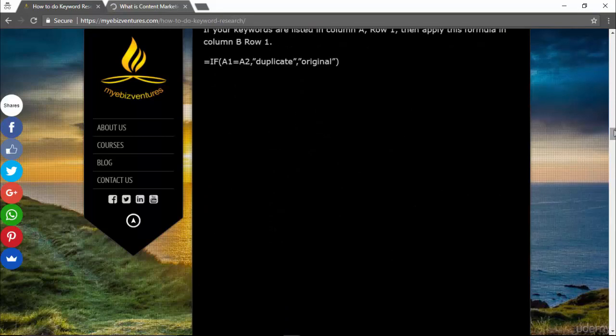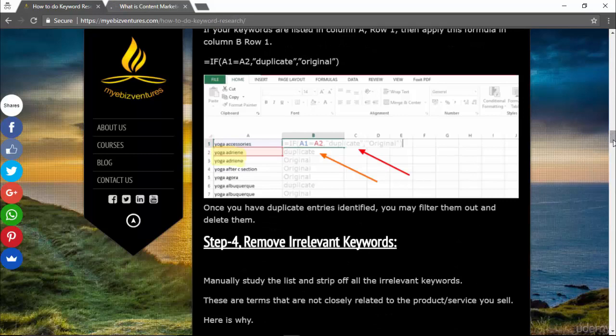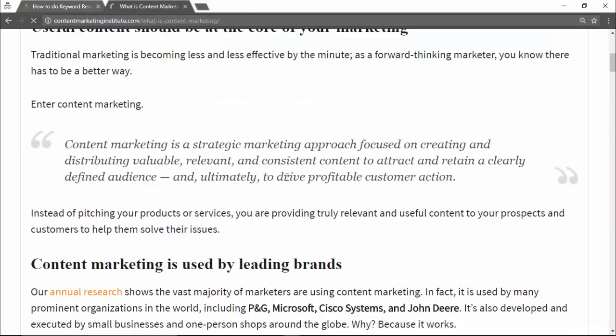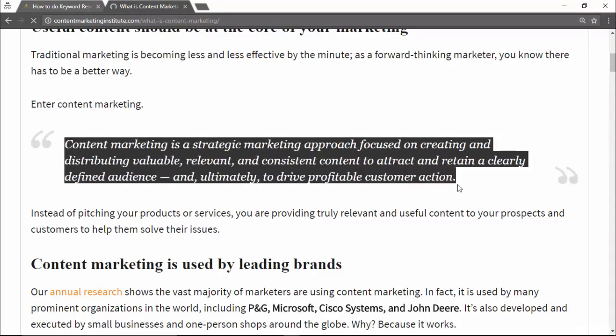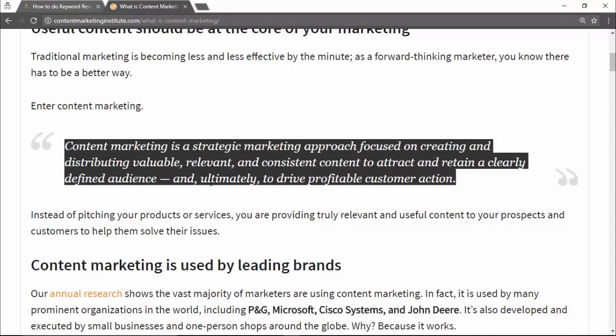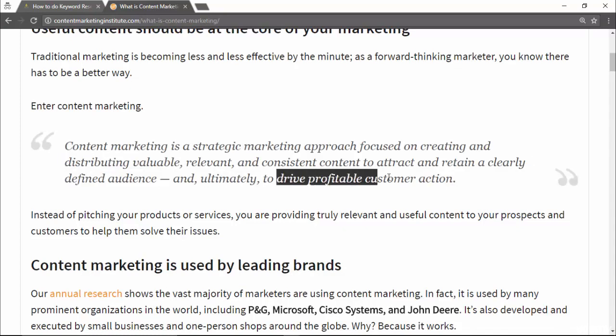Let me expand on the word purpose with another notable idea. Go back and read the final part of the CMI definition of content marketing. It includes the purpose of content marketing as driving profitable customer action. You may simplify the idea to just sell.